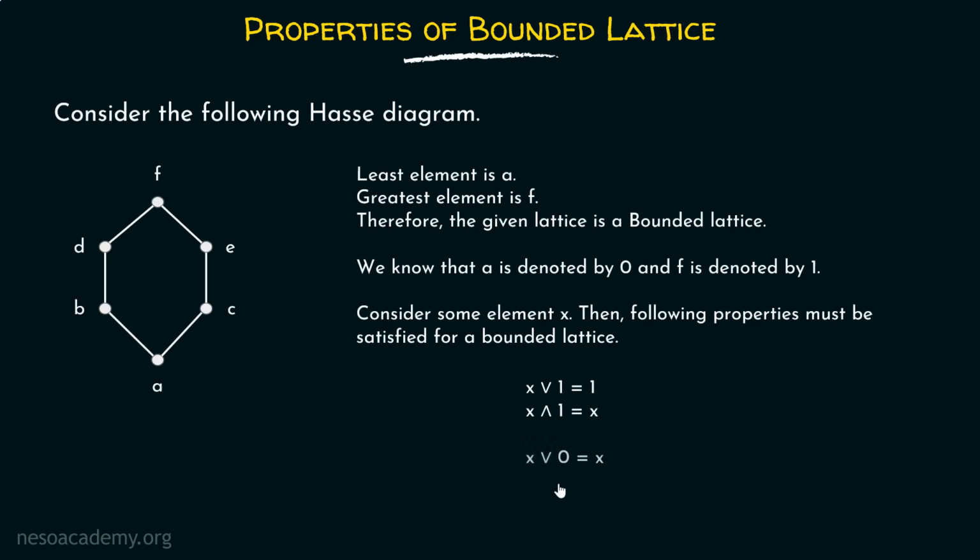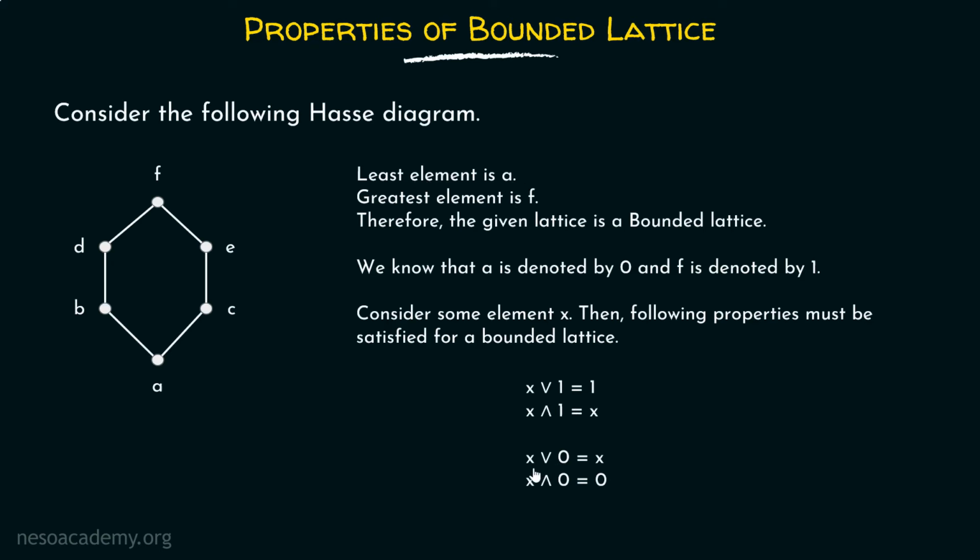Now the third property is least upper bound of X and 0 is X, and the fourth property is greatest lower bound of X and 0 is 0. Okay. Least upper bound of X and 0 is X. 0 means least element. We know that in this example, least element is A, right?